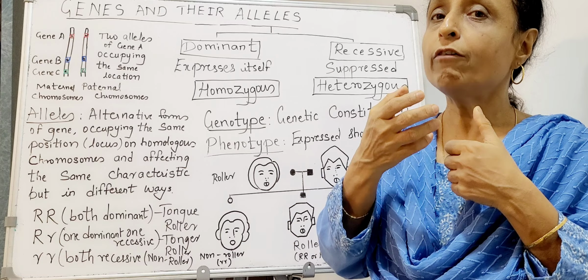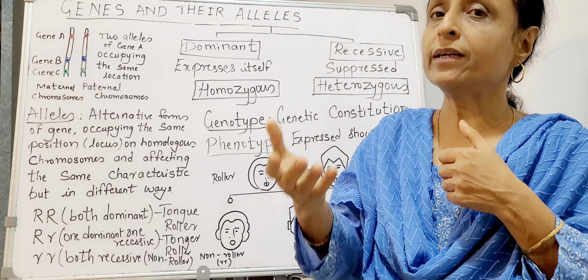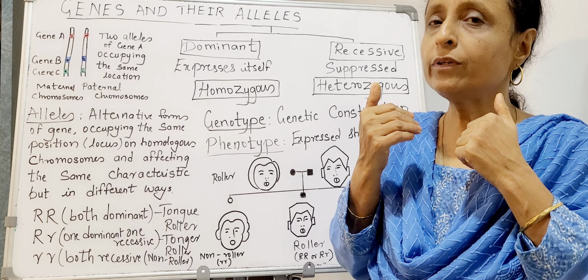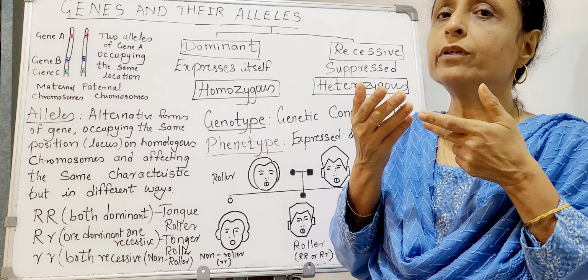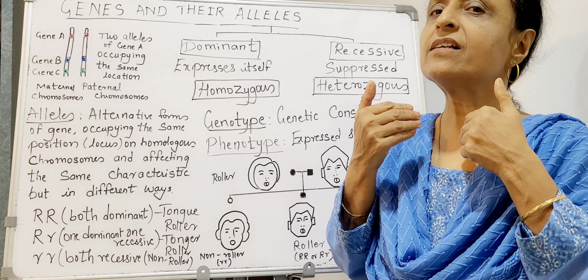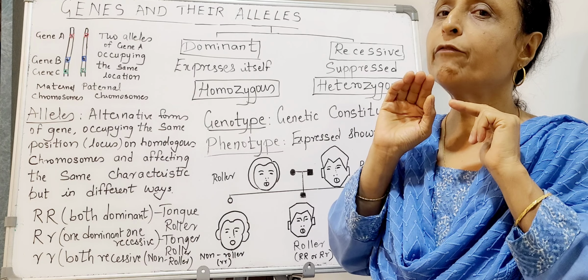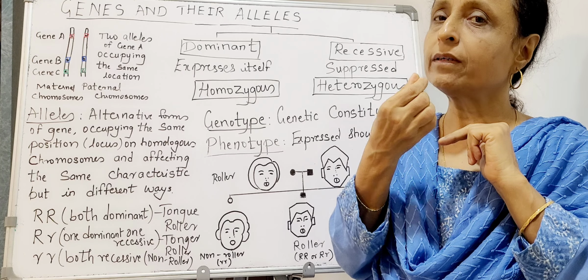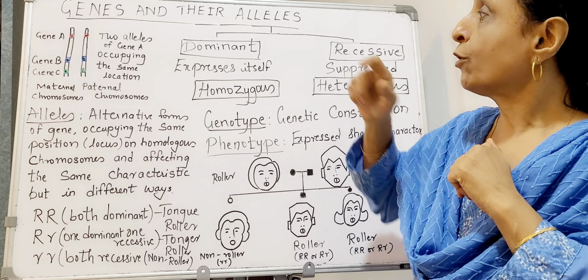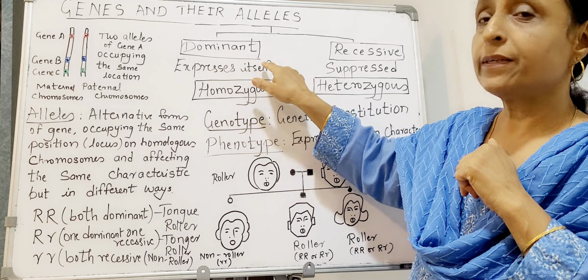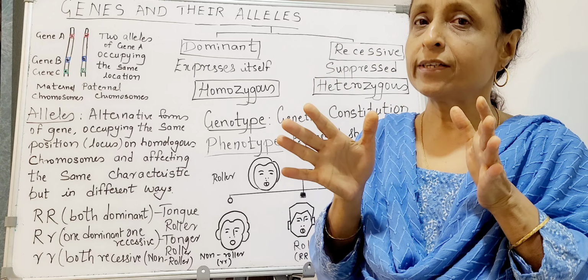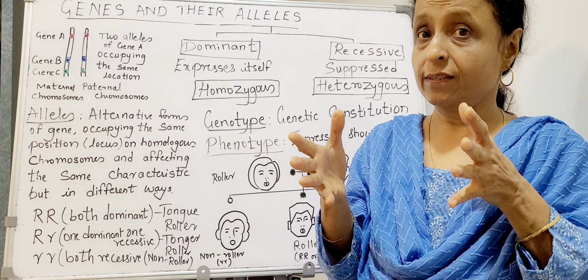So rolling of the tongue is a dominant character. Not being able to roll the tongue, like me, is a recessive character. So dominant expresses itself, recessive does not express itself.